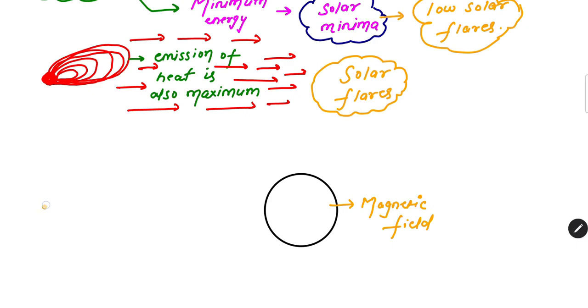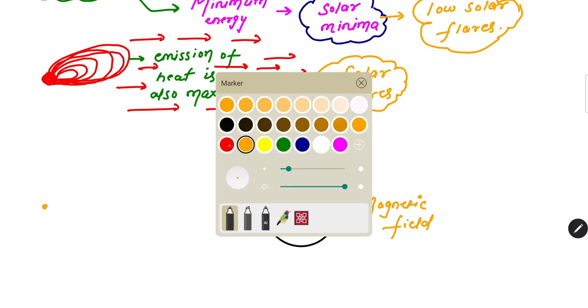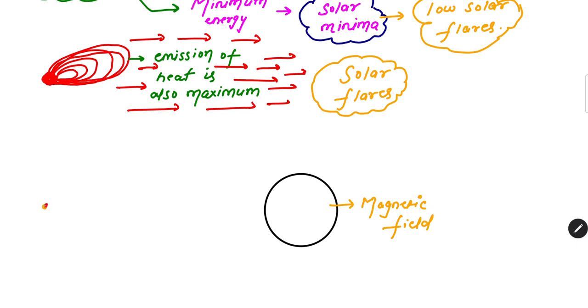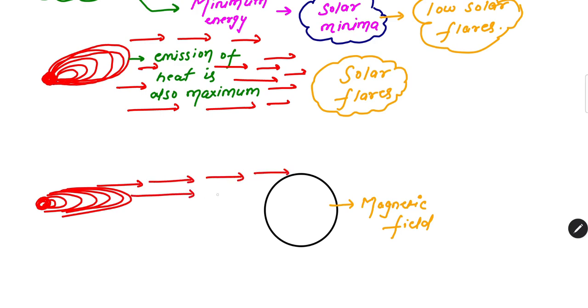Let us suppose from here we have a solar maxima or solar minima, and the solar flares are coming out from here, right?